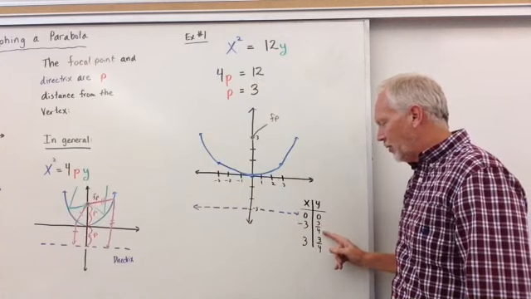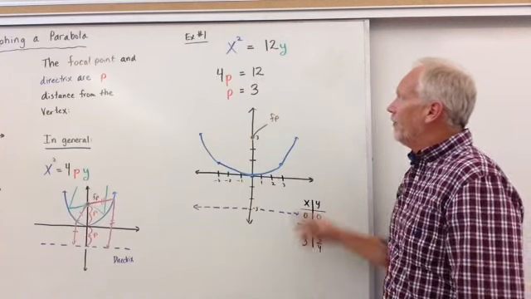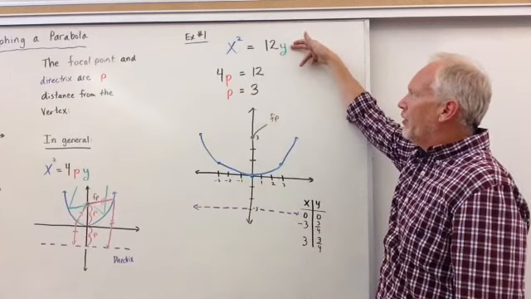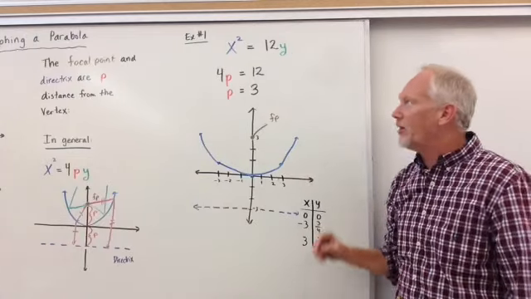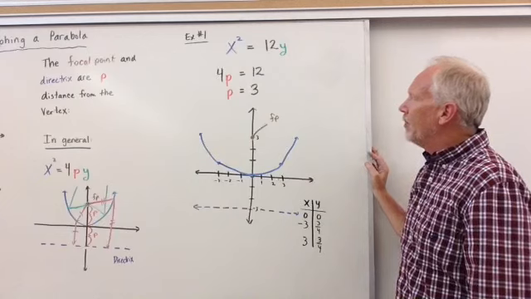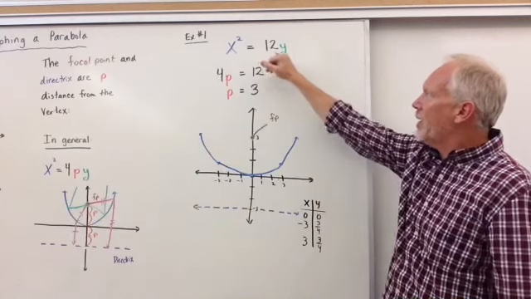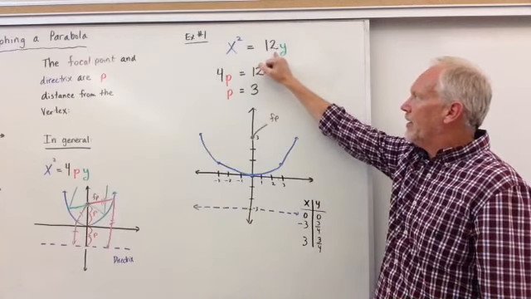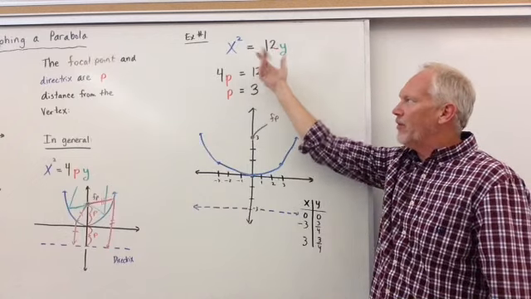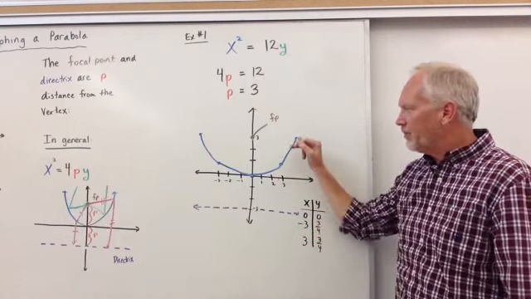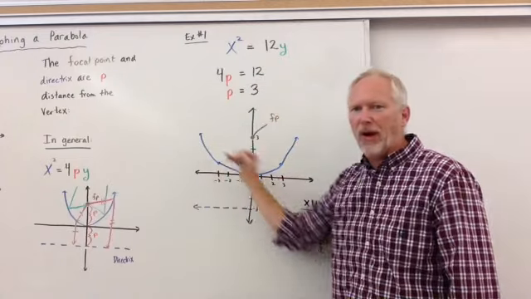So my y values will be 3/4. If I multiplied y by 12 and took the square root, I would get the same thing, plus and minus 3, because 3/4 times 12 is 9. The square root of 9 is plus and minus 3. So then I can go ahead and graph my parabola there.